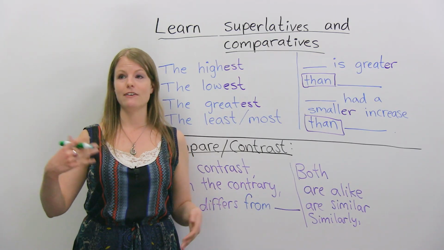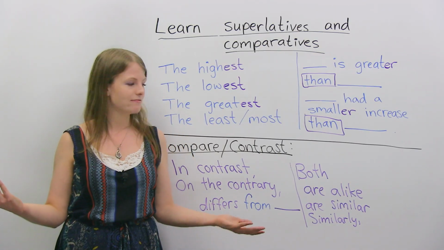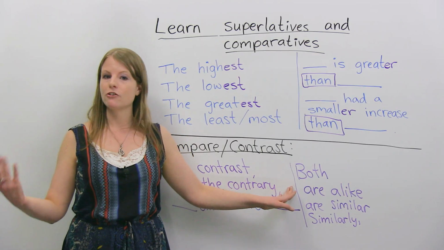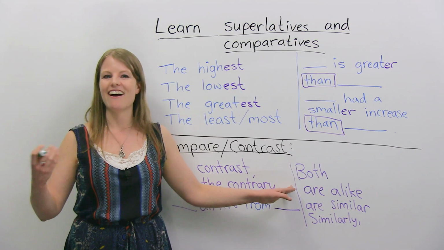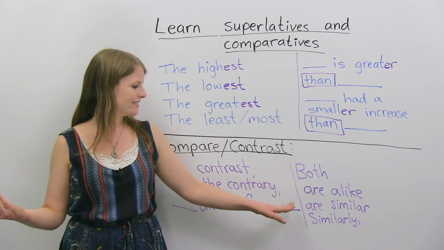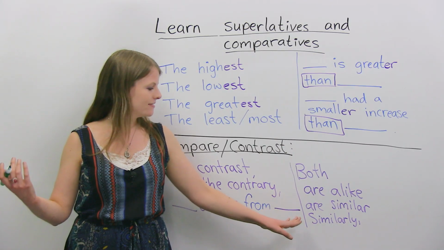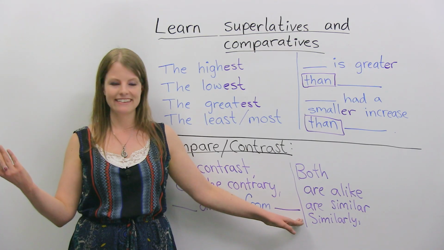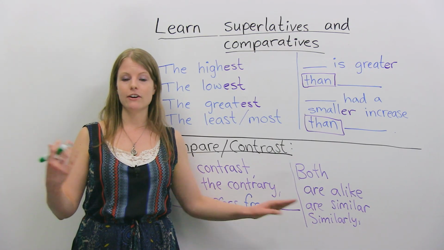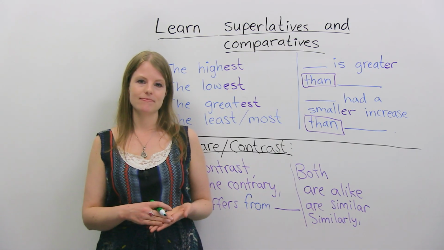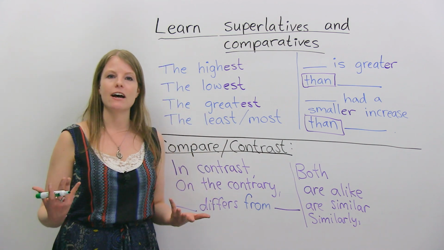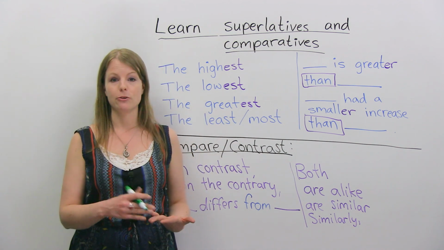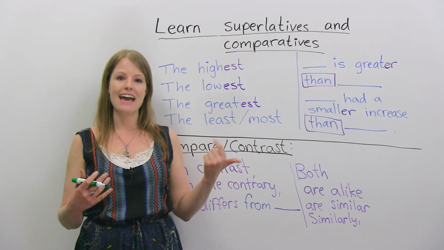Both Toronto and Vancouver are great cities. Toronto and Montreal are alike in many ways. They are similar. Toronto has had an increase in housing prices. Similarly, Vancouver has had an increase. Using these types of words can really help your mark in terms of your vocabulary and organization.